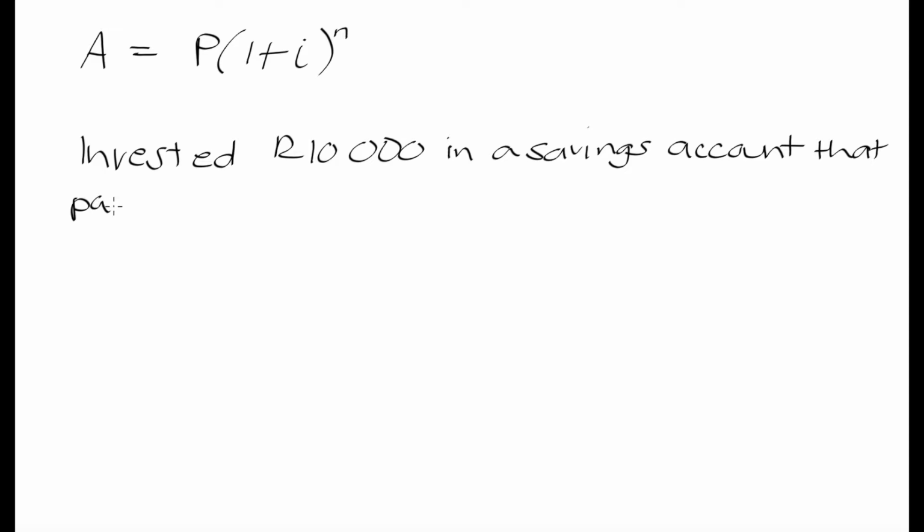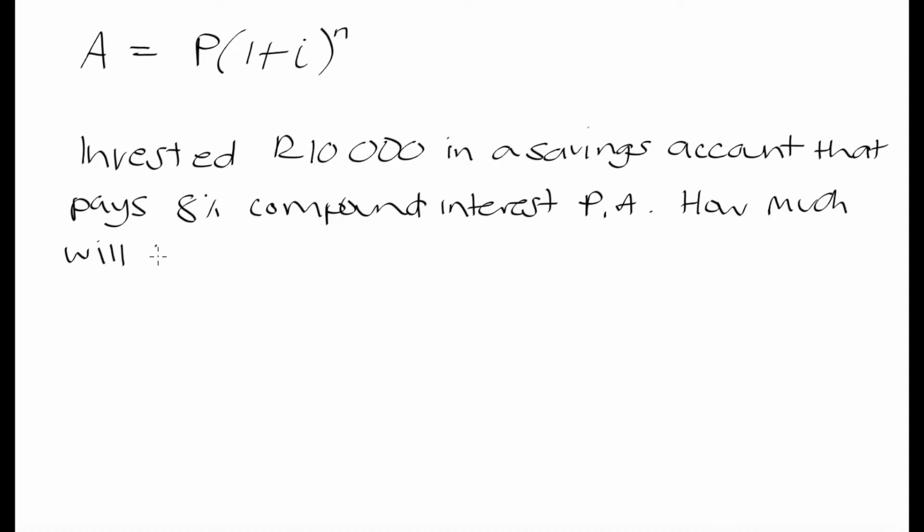Let's say I invested 10,000 Rand in a savings account that pays 8% compound interest per annum. That means per year. How much will I have after 4 years? So I'm starting out with 10,000 Rand.